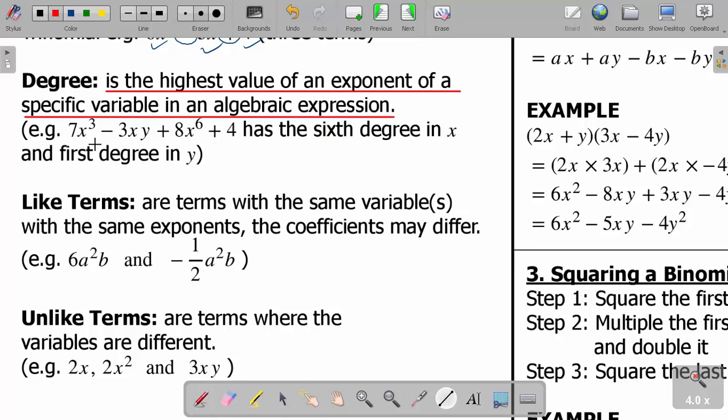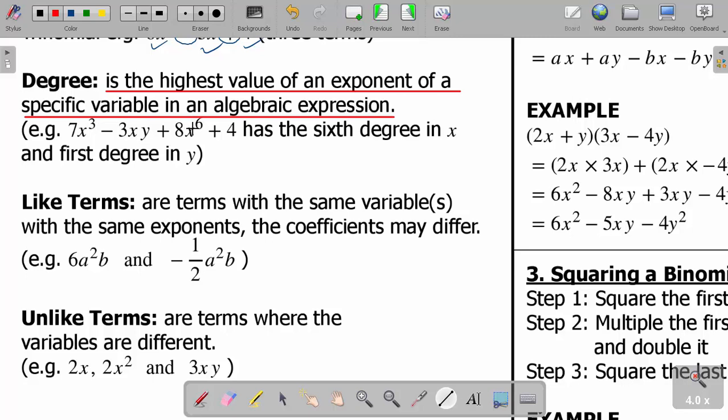For example, here you see this is 7x cubed minus 3xy plus 8x power 6 plus 4. It has got how many terms here? 1, 2, 3, 4. Now if I want to talk about the degree here, it has got the 6th degree in x and the 1st degree in y. If you look at x, this is x power 3, this is x power 1, this is x power 6.